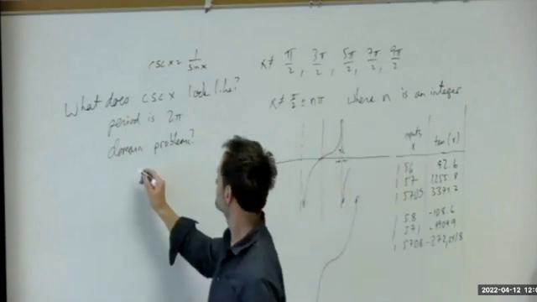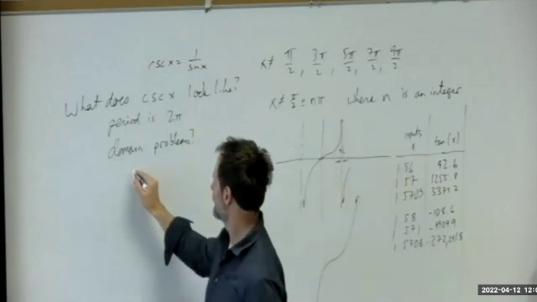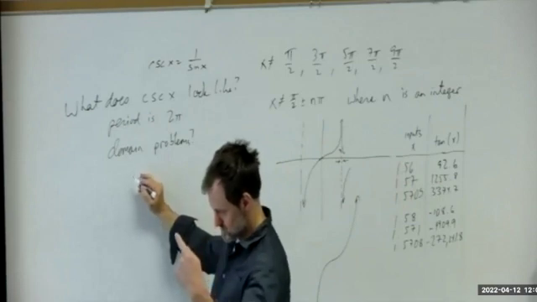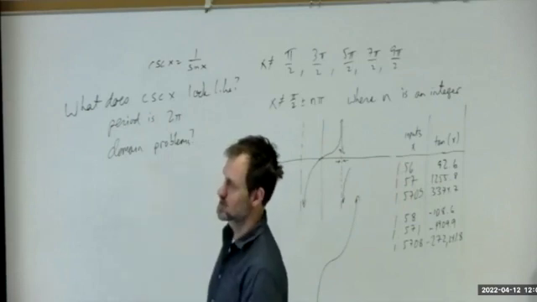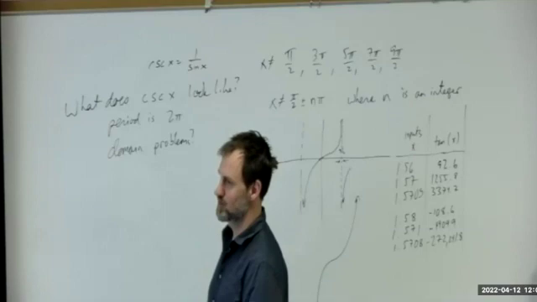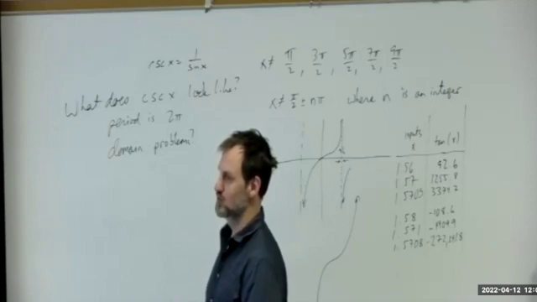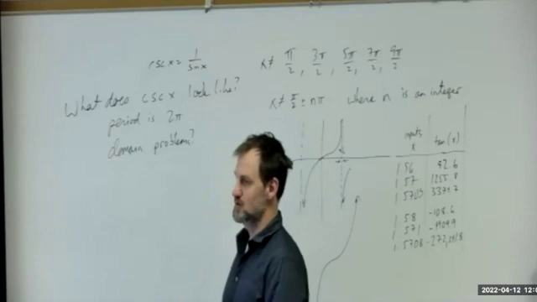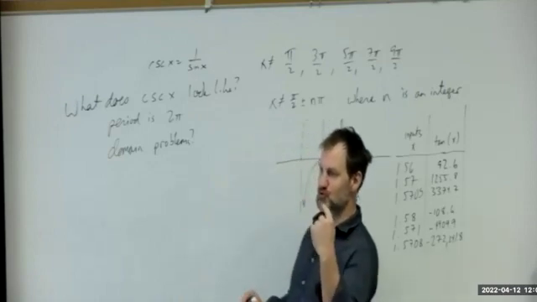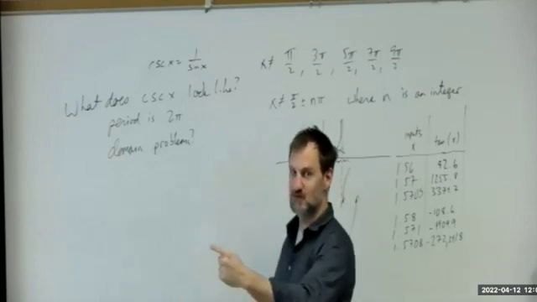If it's 0, you can't have 0. Make the statement. So the domain is all numbers except for when... Yeah, I wouldn't jump to telling me where the domain problems are.